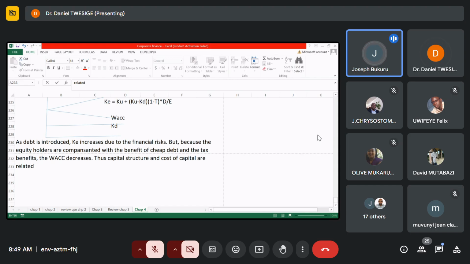What is the logic behind that formula? We understand that we are multiplying by the proportion of debt to equity, the gearing level. Why do we multiply with that?